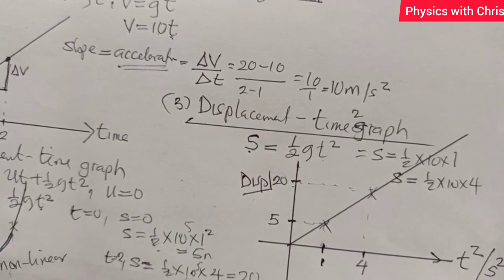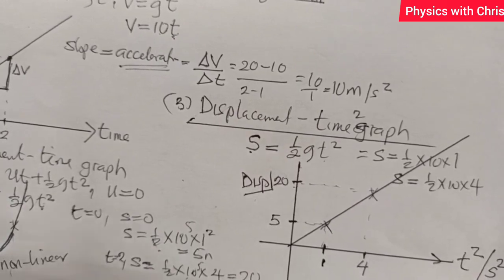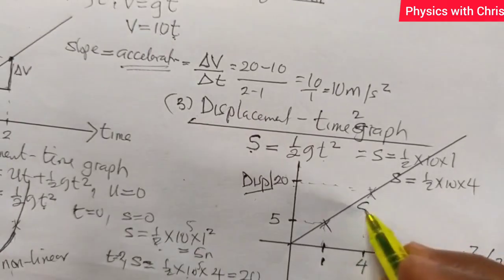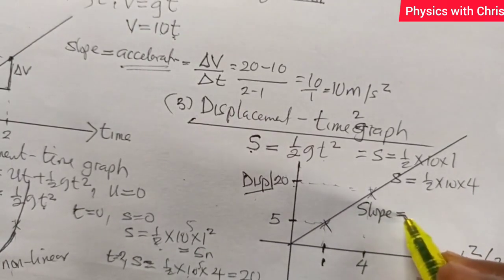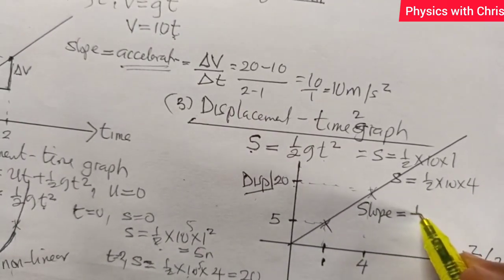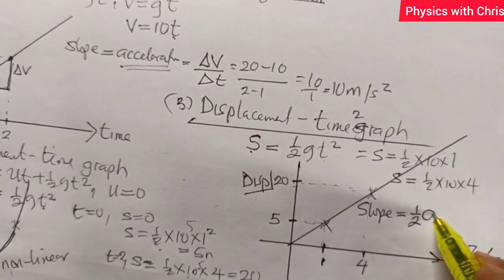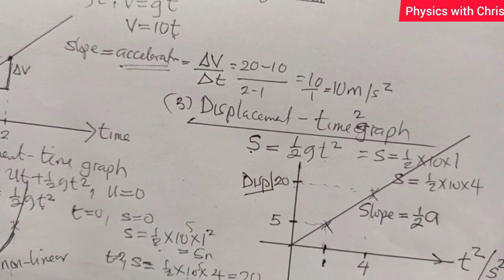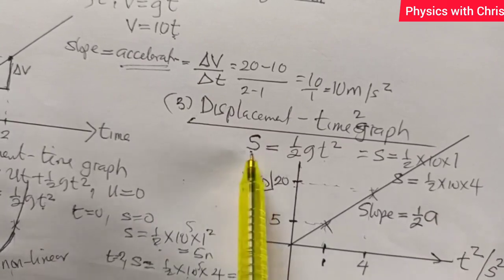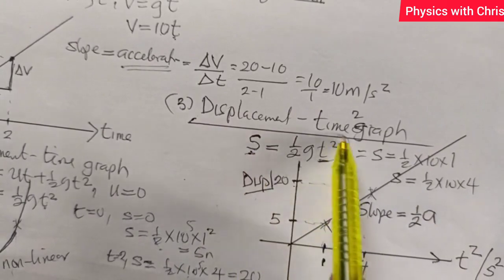Now, how do we define the slope of this graph? The slope of the graph is equal to half the acceleration. How do I know that? We are plotting the graph of s against t squared, rather than t.